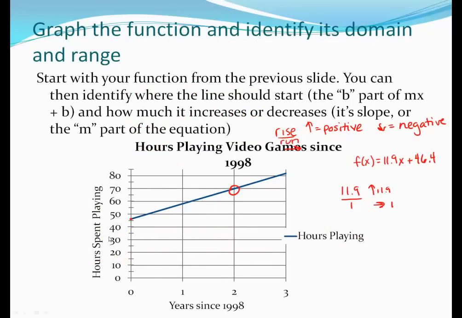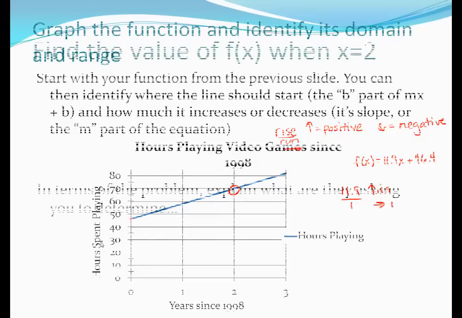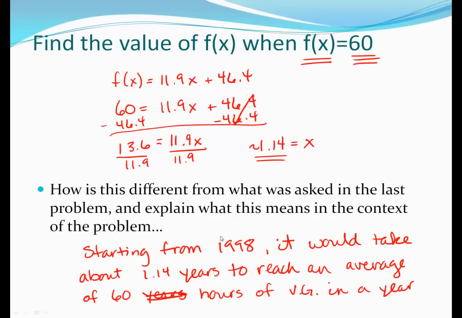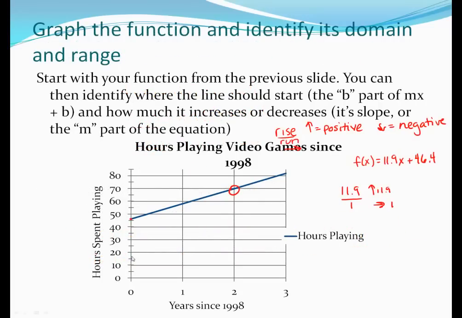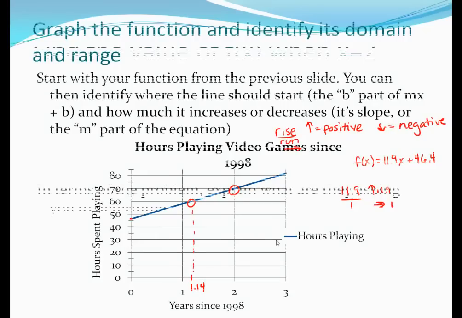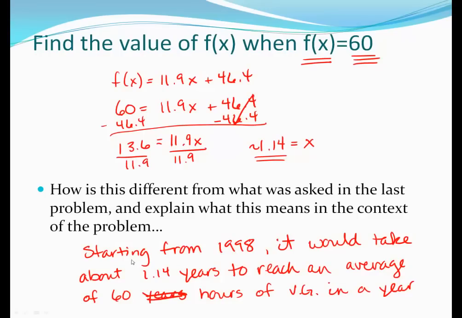It gave us a domain and asked us to find the range, the hours spent playing. Then in this equation, they've given us the range, and they want to know what the domain is. When are we going to hit that point? So 60 is right about there, and that's about 1.14. That's the years since 1998, which is how we answered the question. Starting from 1998, it would take about 1.14 years.